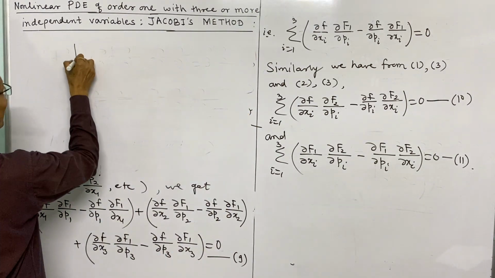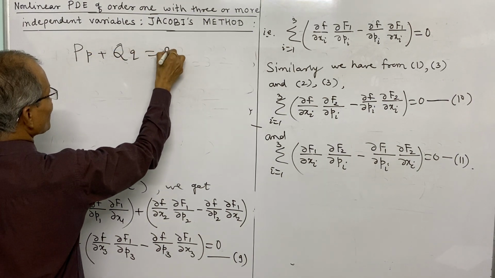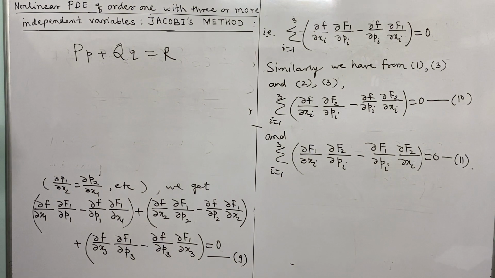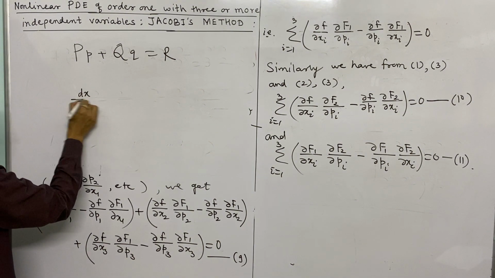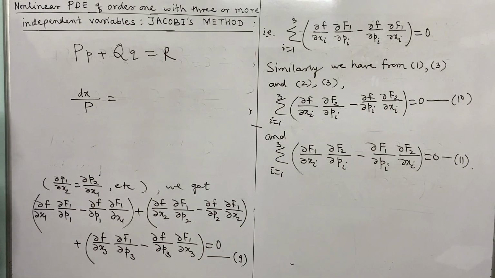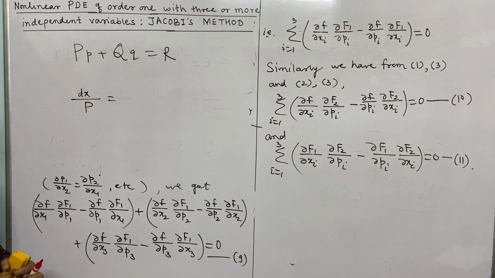Say P, capital P small p, capital Q small q is equal to R. And there we have this as dx divided by p, auxiliary equation. Actually, this p means dou z by dou x.